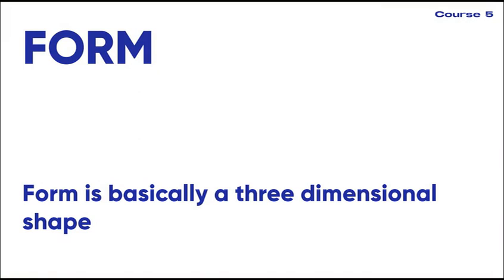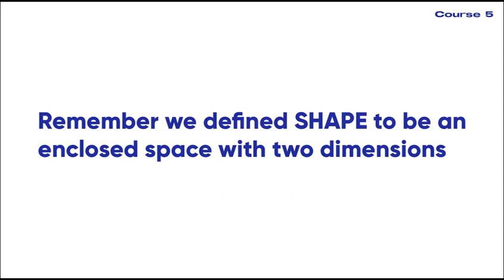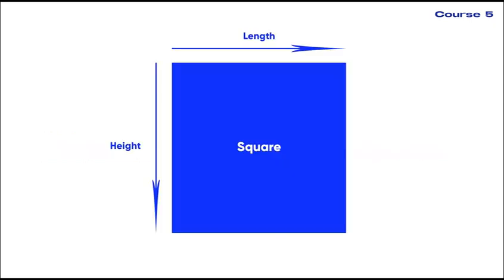Now, form is basically a three-dimensional shape. Remember, in the previous course, we defined shape to be an enclosed space with two dimensions. So let's say we have a geometric shape like a square. A square has two dimensions, which are length and height.